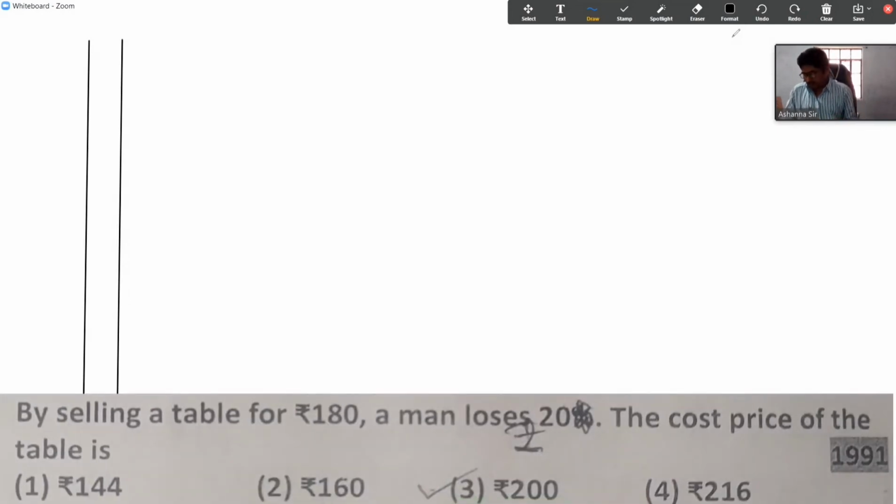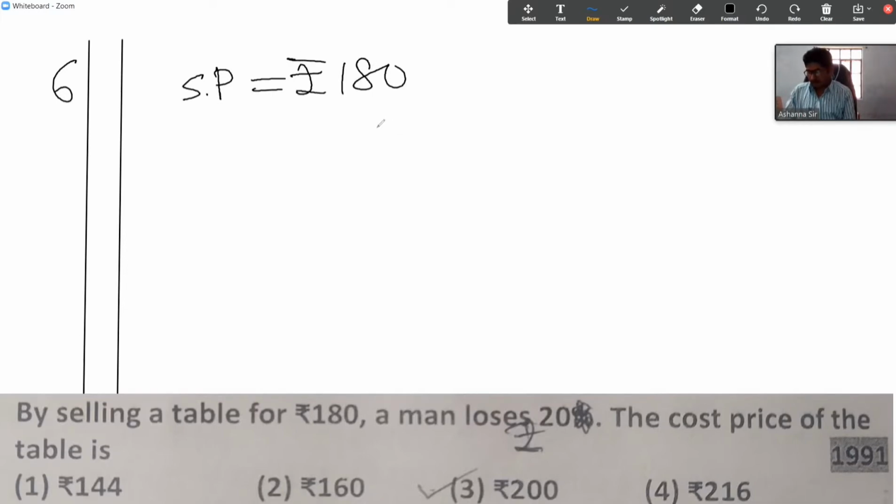Next, question number 6. By selling a table for 180 rupees, a man lost 20%. Not percentage here, children, you correct it: 20 rupees. The cost price of the table is. Selling price is 180 rupees.